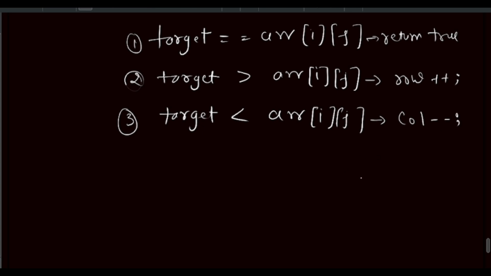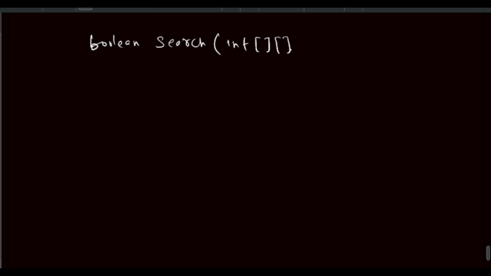Now, how does it help? Let me show you the whole code. You want to return a boolean whether your target exists in this array or not. Let's say the function name is search and it is taking an n by m matrix and a target.